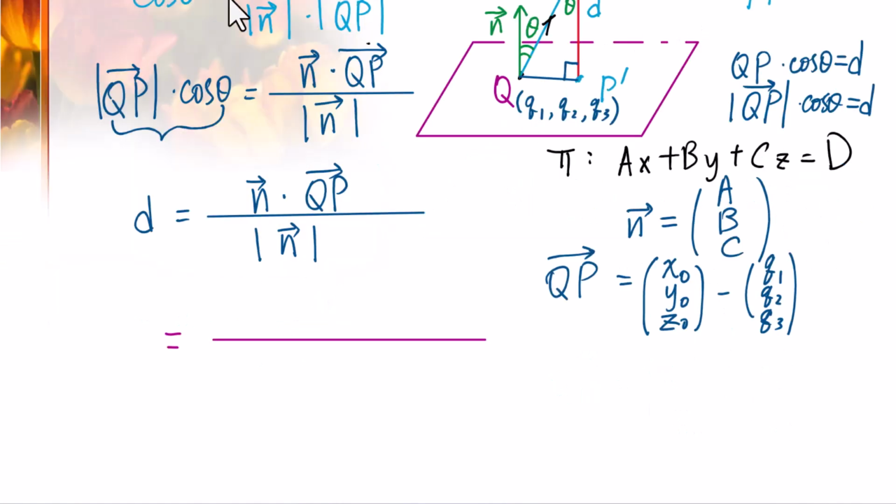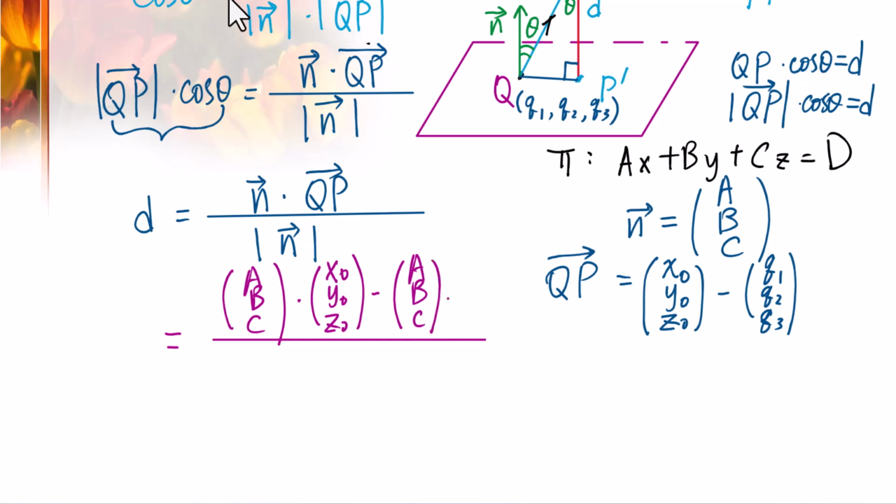Vector n is a, b, c. Do the distributive property: a, b, c dot x0, y0, z0, minus a, b, c dot q1, q2, q3, all over the absolute value of vector n.